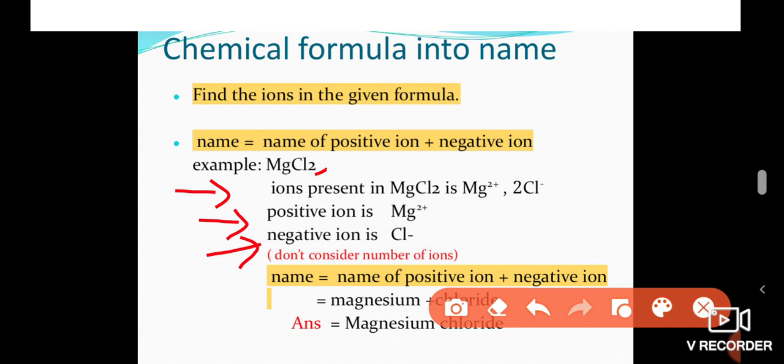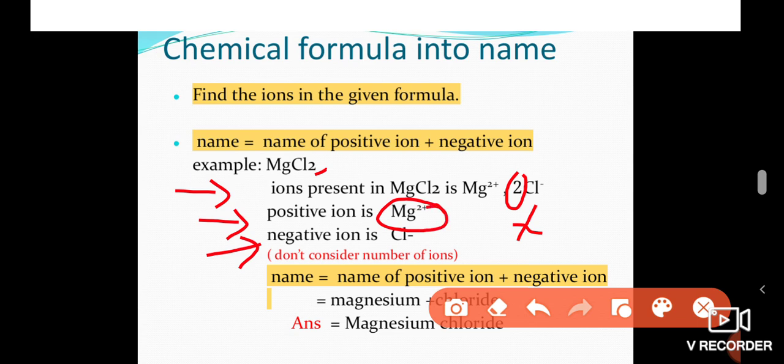Here don't consider the number of ions, 2Cl, 3Cl or 2Mg, 3Mg. Don't consider the number. Here the number is there, isn't it? We consider only the name of the ion. Okay. So first, what is the name of that ion?